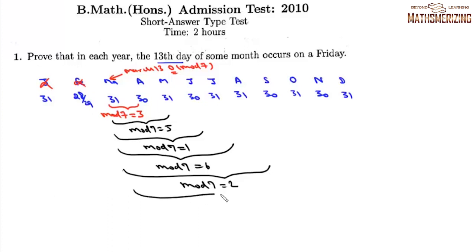And till September, it will be 4 modulo 7. So if we look at all the modulos, then we have 0, 1, 2, 3, 4, 5 and 6. That means from March to September, there will be some month which will have Friday on its 13th day.